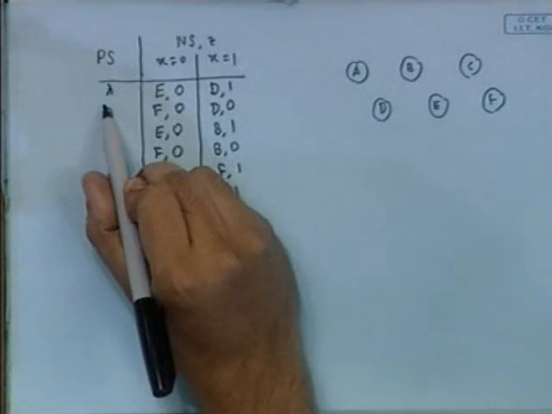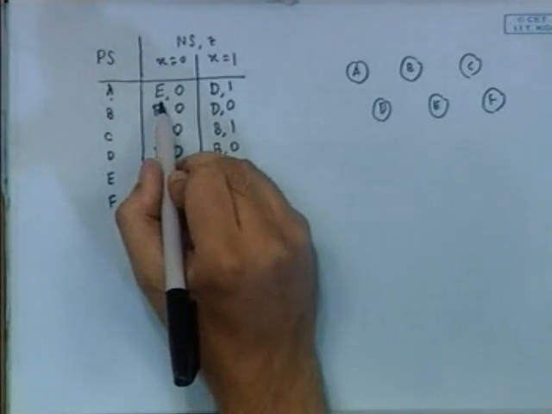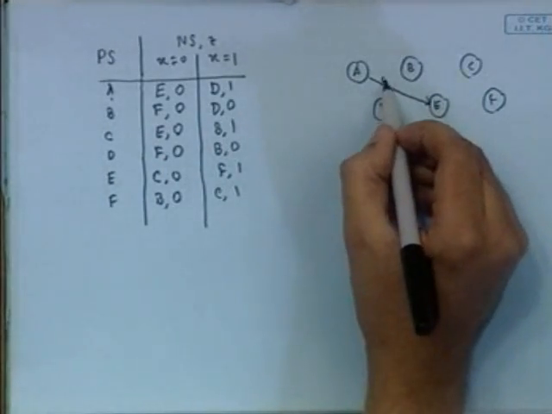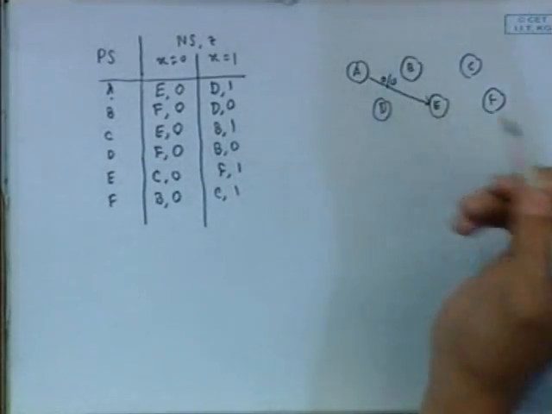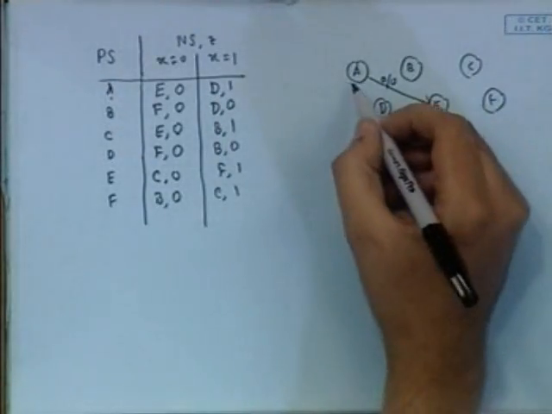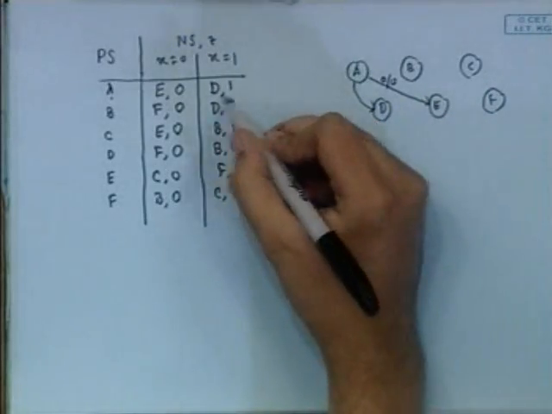These states can be shown in the following way. Suppose for A, if the present state is A, for 0 you will go to E with an output of 0, and for input 1 you will go to D with an output of 1.